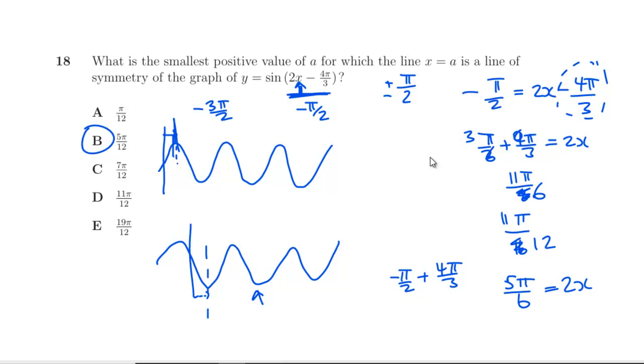Okay, that makes sense. Because we have to return either a minus 1 or a 1, we can't get down to minus 3 pi over 2 inside that bracket and still have a positive x. The lowest we can go is minus pi over 2 and still have a positive x. So that would be our smallest positive value of a. Okay, that was a really sneaky one.